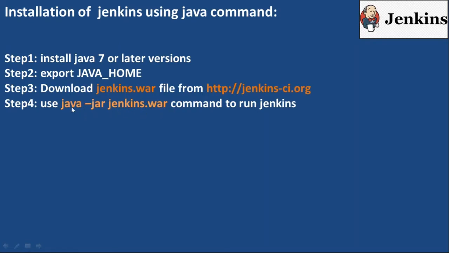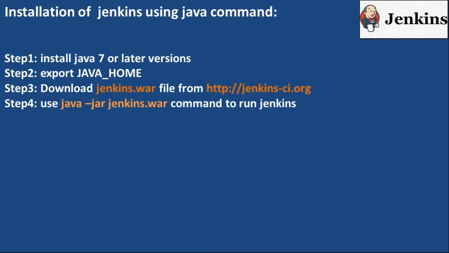Otherwise, in place of java, you need to mention the complete Java path. So it's better to export Java home so that we can directly use the java -jar jenkins.war command to run our Jenkins.